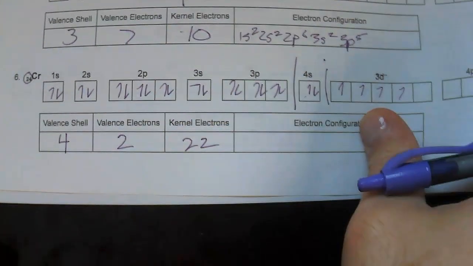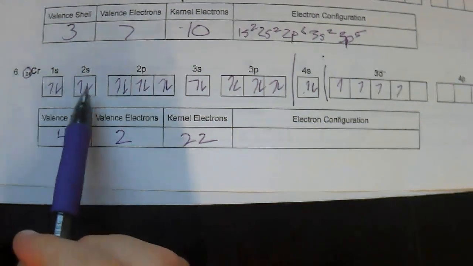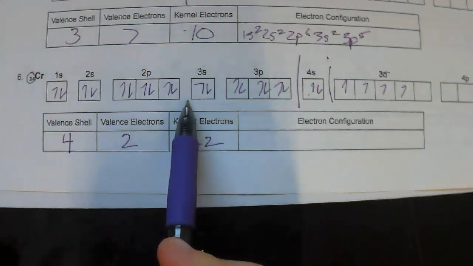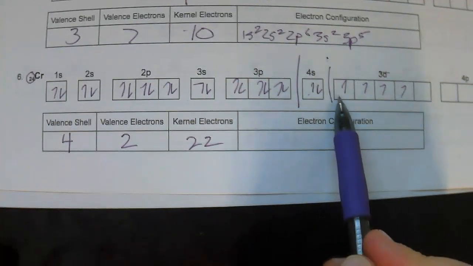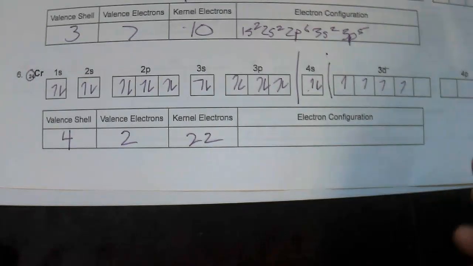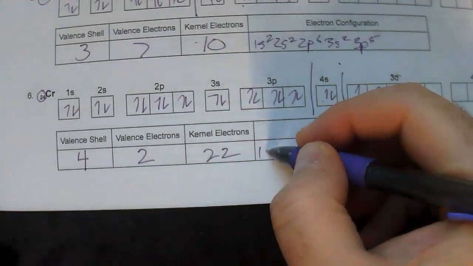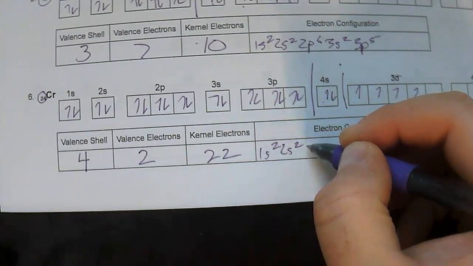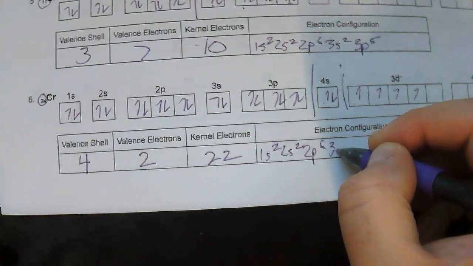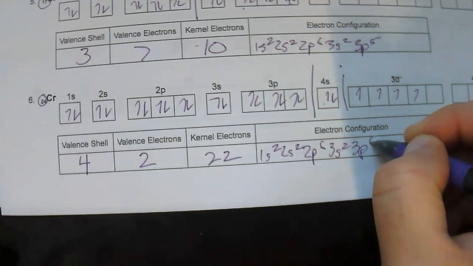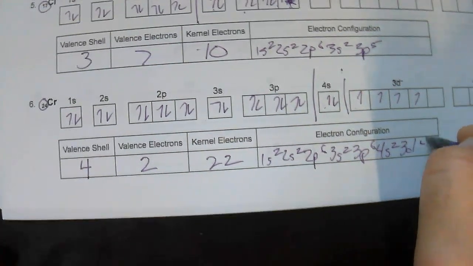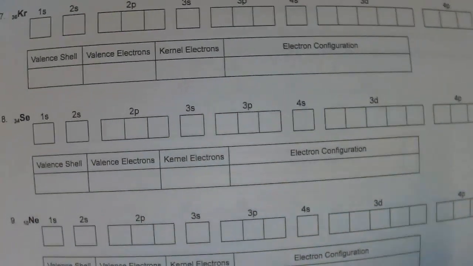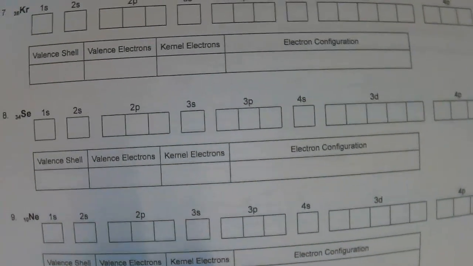We can count them: 2, 4, plus 6 is 10, 12, 14, 16, 18, 19, 20, 21, 22. Now the electron configuration: 1s2, 2s2, 2p6, 3s2, 3p6, 4s2, 3d4.